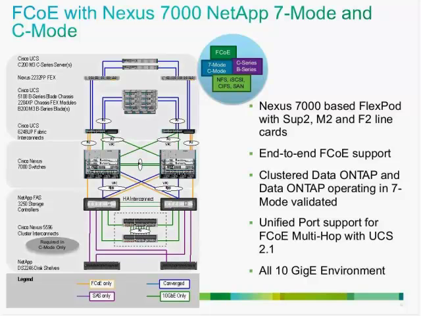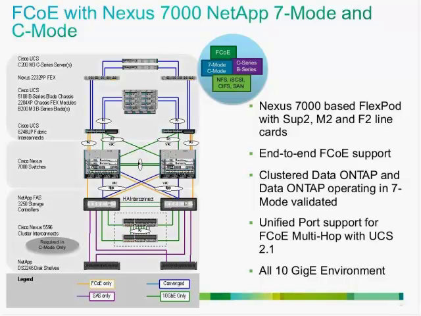Nexus 7000 uses a virtual device context. If you're familiar with Nexus 7000, a virtual device context, or VDC as it's called, is essentially carving out a separate router or a switch from within the 7K. With the latest software, we support up to about 8 virtual device contexts. One of those virtual device contexts is dedicated as a SAN virtual device context for the storage area networking.